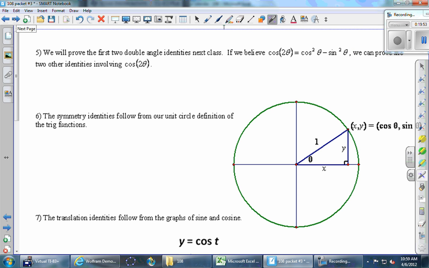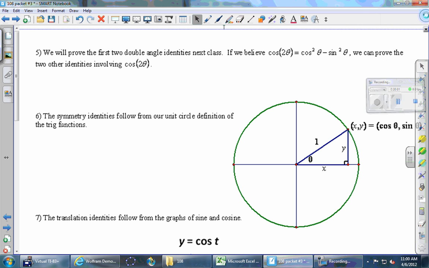Let's start with number 5 on the next page. Okay, so that is not supposed to look familiar to you.